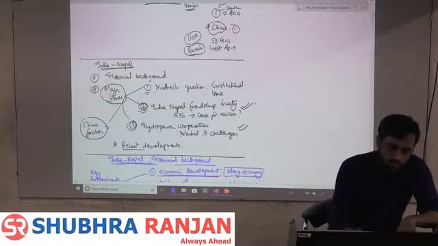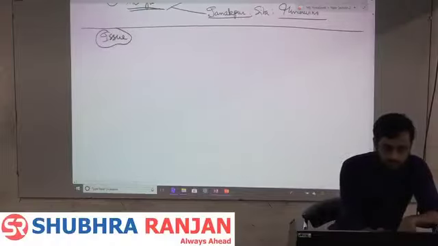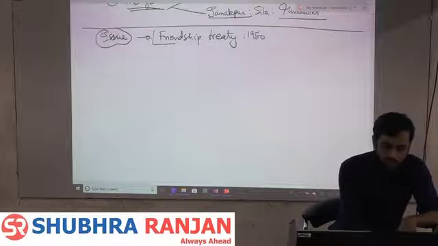Then let's talk about hydropower, and then let's talk about the constitutional question. Now firstly, what is this friendship treaty? The friendship treaty of 1950, whatever I just told you above.